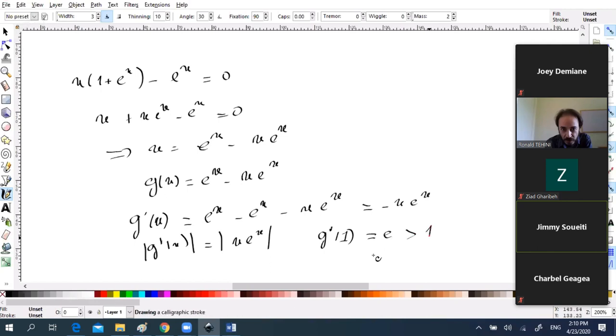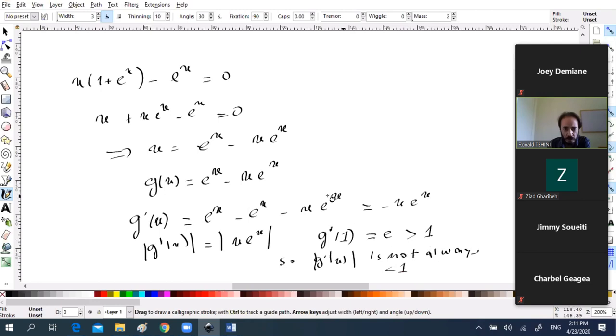So this choice of fixed point iteration may not converge, and we have to find another one.